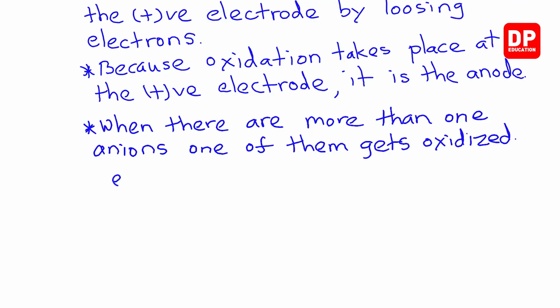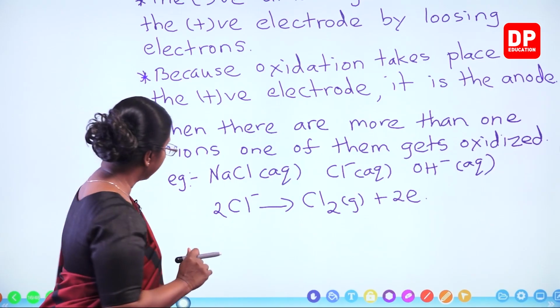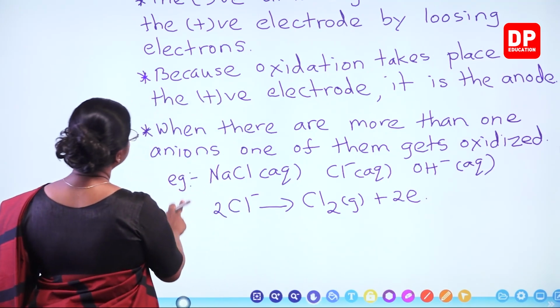For example, you can remember if it is NaCl aqueous, there are Cl minus ions and OH minus ions. Here, of course, the 2 Cl minus ions become Cl2 gas by losing 2 electrons. That is the oxidation that takes place. So, you all can remember that as well.